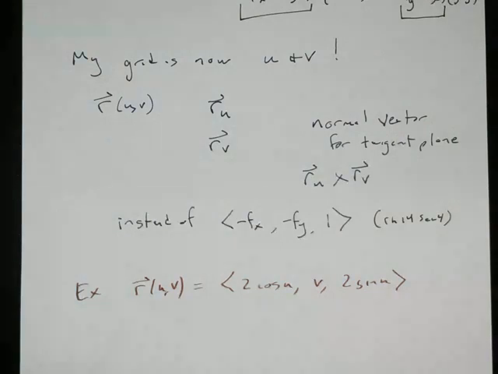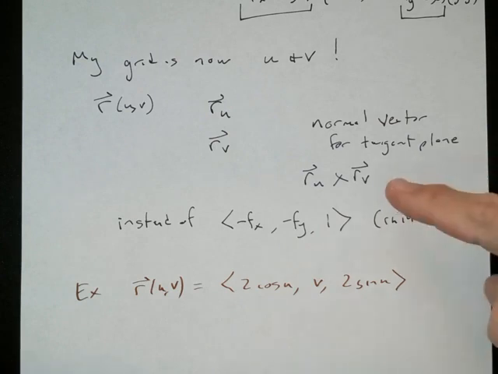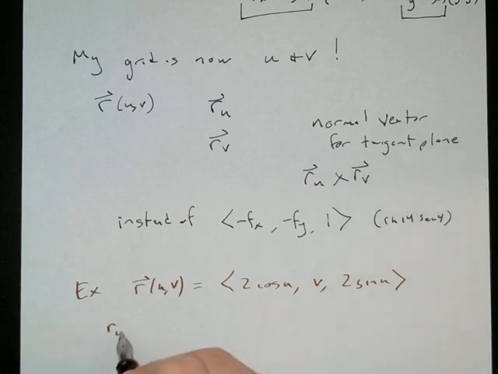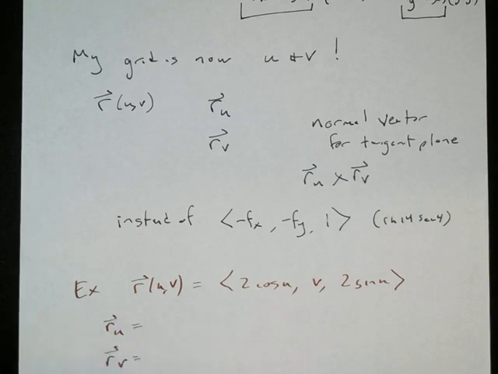I want you to pick a point and build a tangent plane to the shape. And depending on where we are, that plane is going to look very different, isn't it? Let's do this calculation. What's RU? What's RV? Partial derivative time.